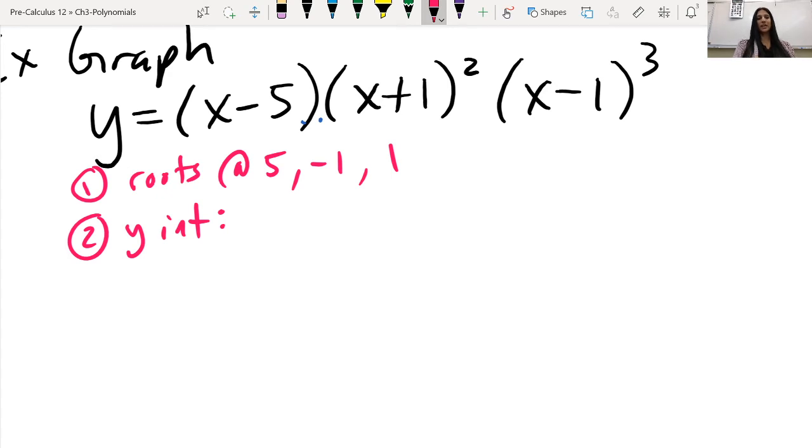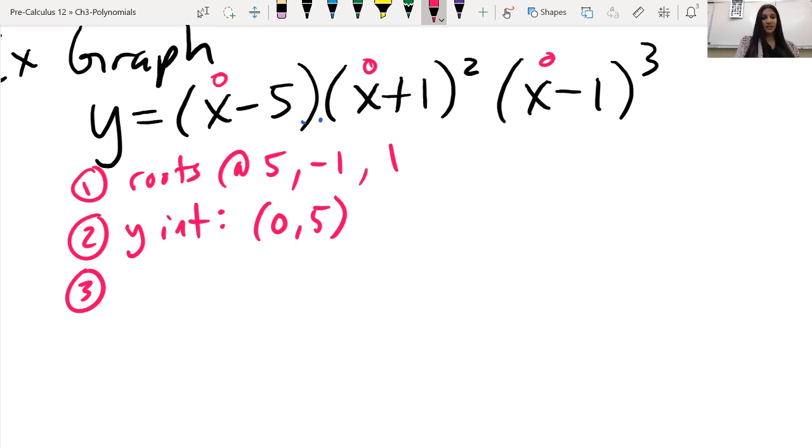We just know we're plugging in a 0 into here. So if I throw in a 0 there, a 0 there, and a 0 there, we're looking at what we would get. And what we would get when we multiply all that out is we would just get a value of 5. So 0, 5 is our y-intercept. So I'm going quicker and skipping things because I know that you know how to plug in 0 and to multiply those values out. So we're good with that.